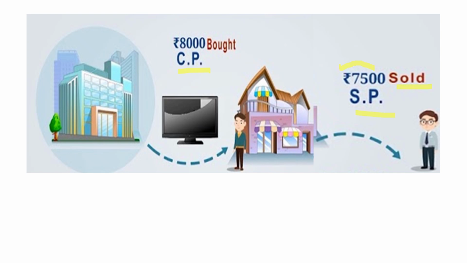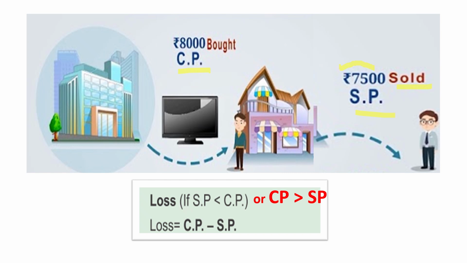If you observe here, cost price is more than the selling price, or SP is less than CP. 7,500 is less than 8,000. That means it is a loss for him. So the loss formula is CP minus SP, that means cost price minus selling price.